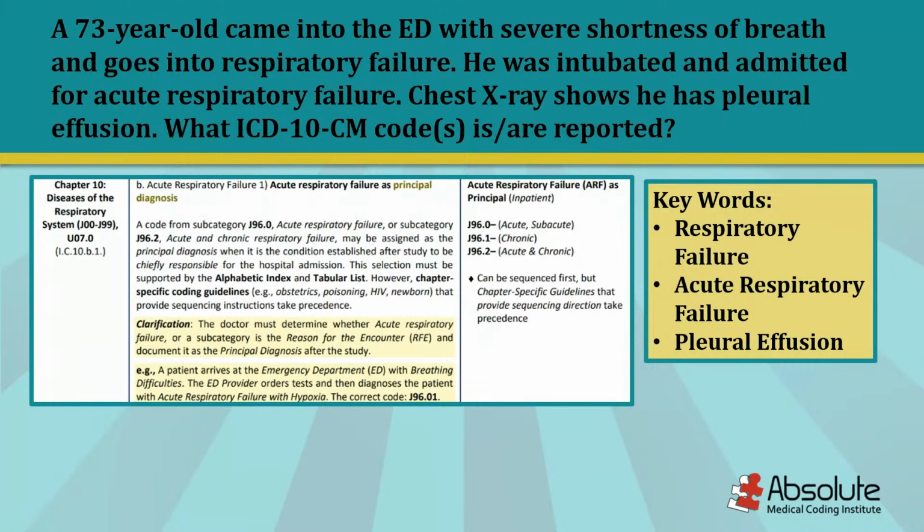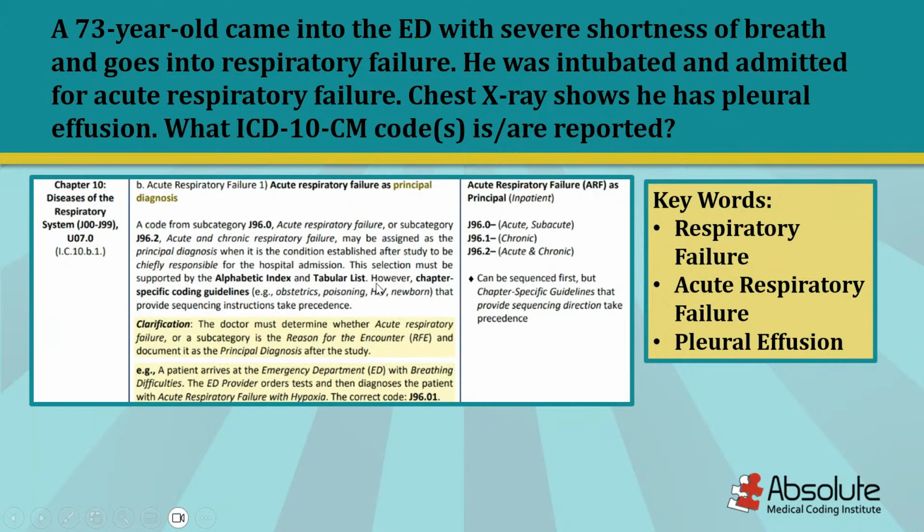It shows right here on the right what code should be used when acute respiratory failure is reported as the principal, and that's what we're going to be using as a principal diagnosis. So we see our J96.0 is acute or subacute, our J96.1 is chronic, and then J96.2 acute and chronic.